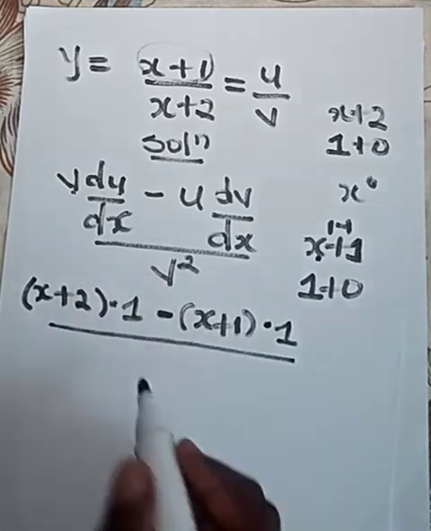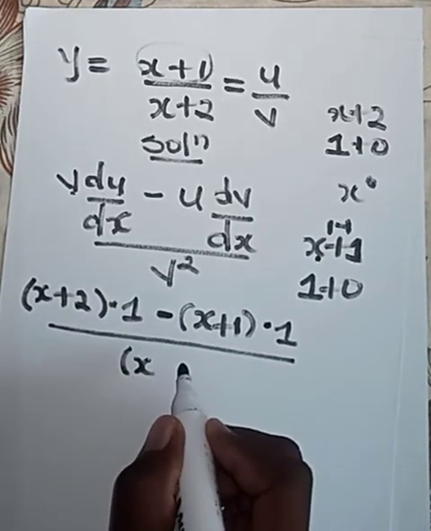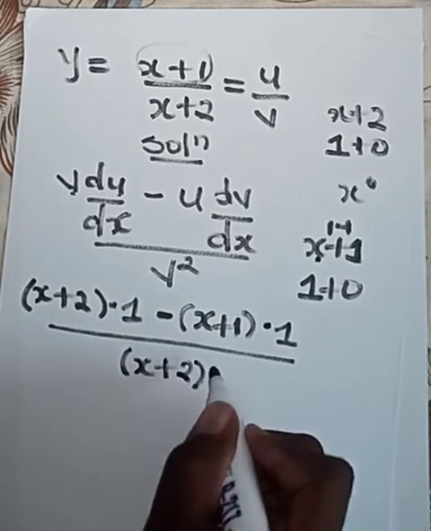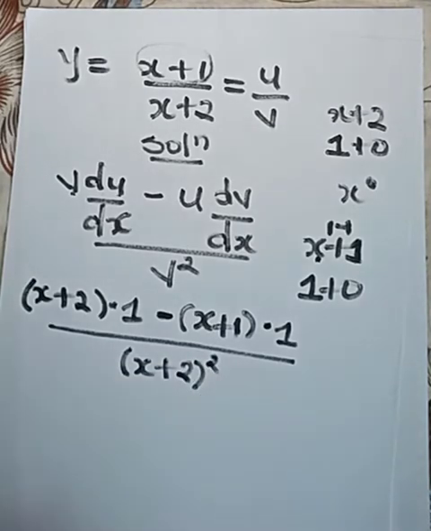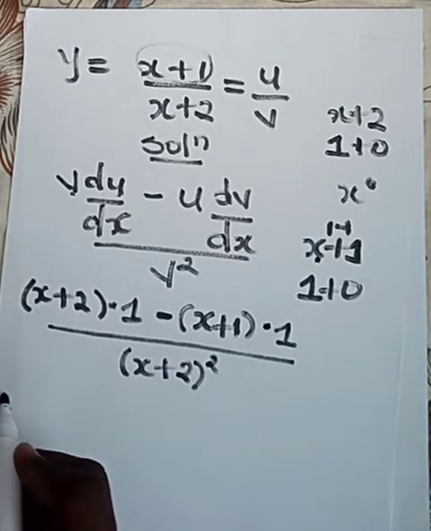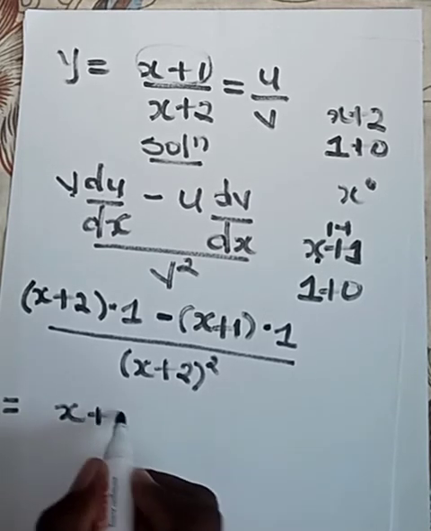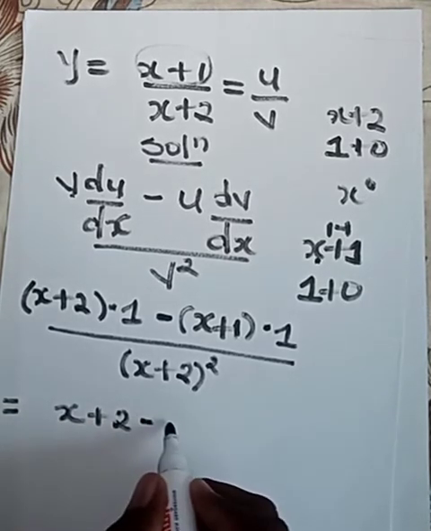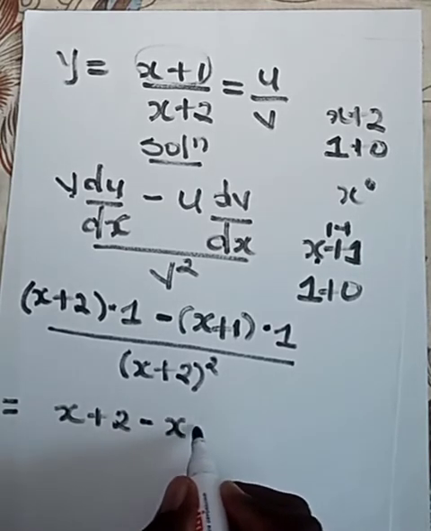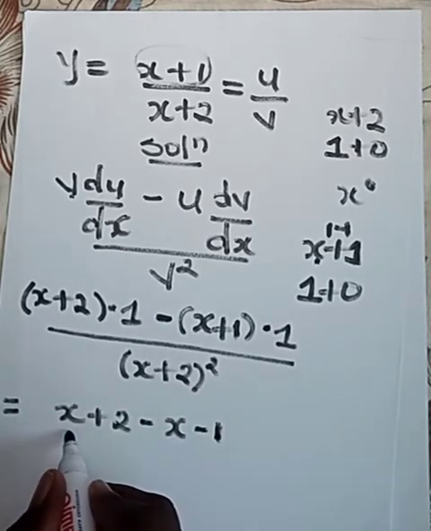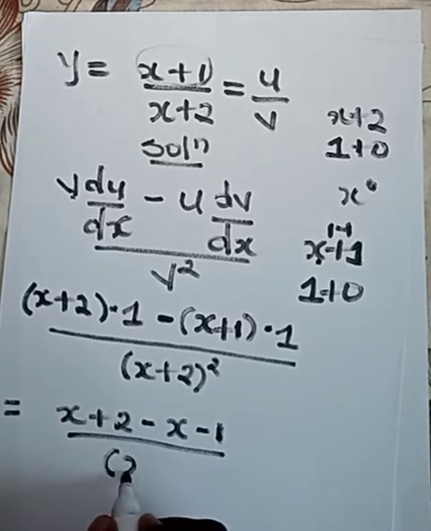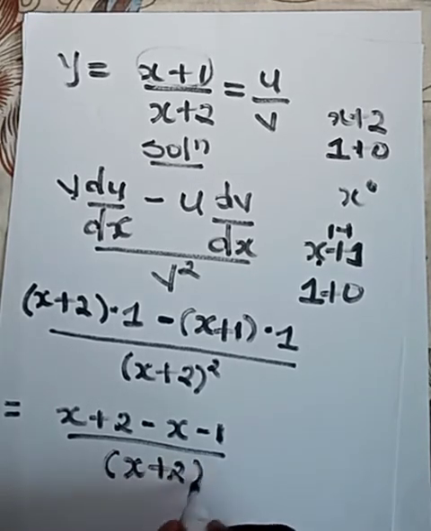The bottom squared, which is given as v squared, x plus 2, all that squared. Now, we can write this as x plus 2 minus x minus 1, all that on x plus 2, all that squared.